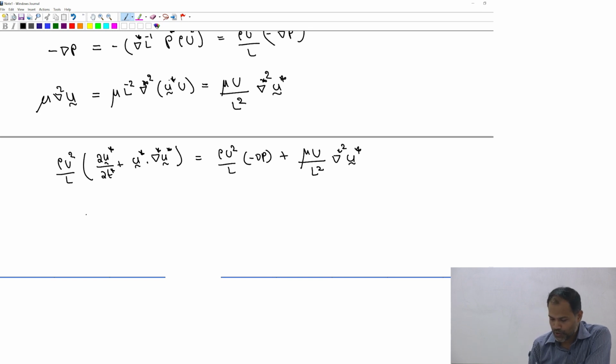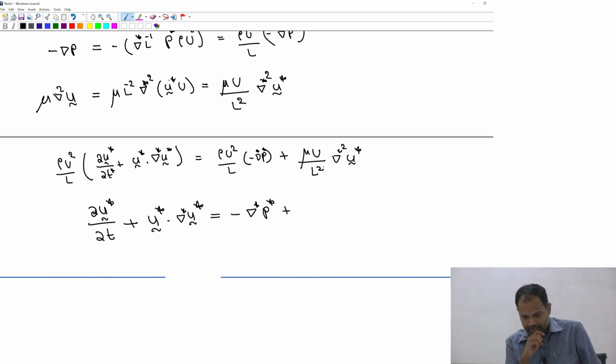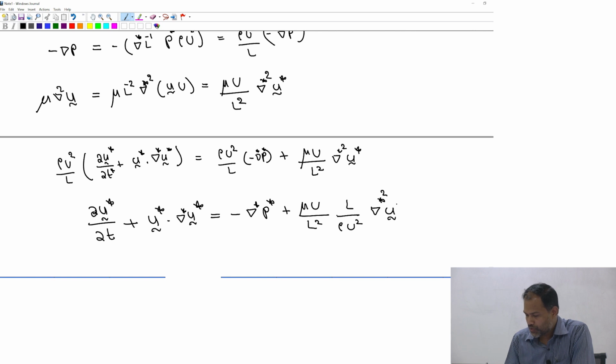Or if I bring this rho u square by L to the right hand side, I see that it's del u star by del T plus u star dot grad u star is equal to minus grad star P star plus mu u by L square divided by rho u square by L. So, mu u by L square into L divided by rho u square times del star square u star.